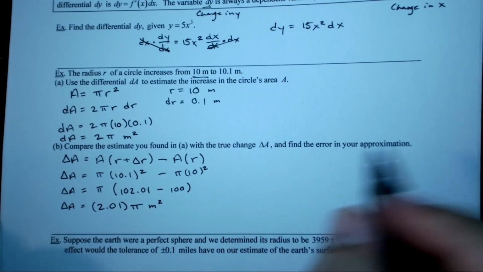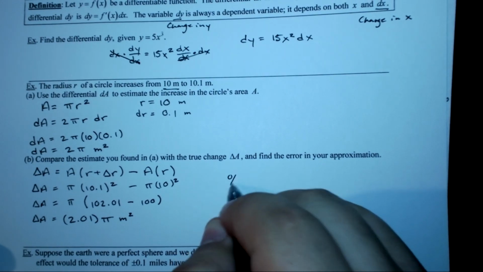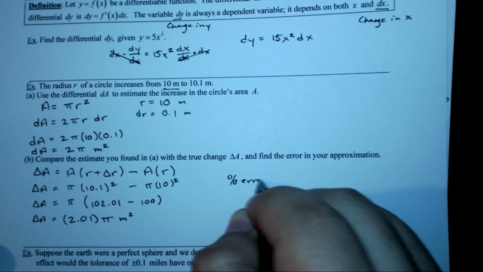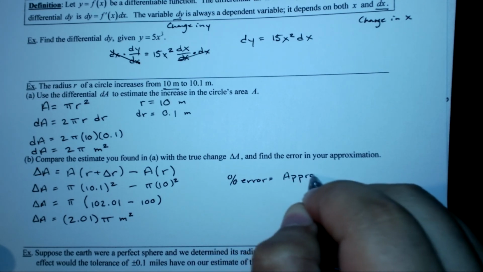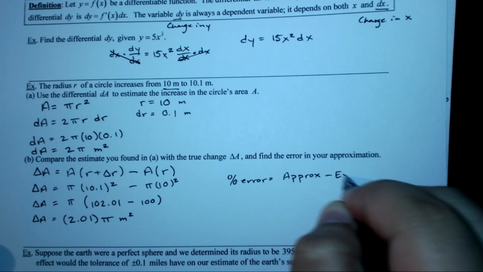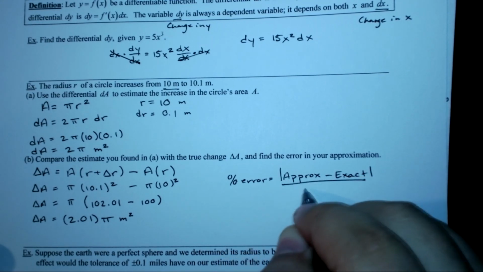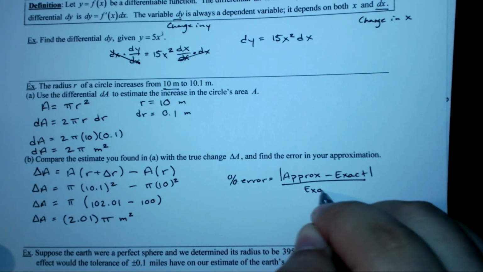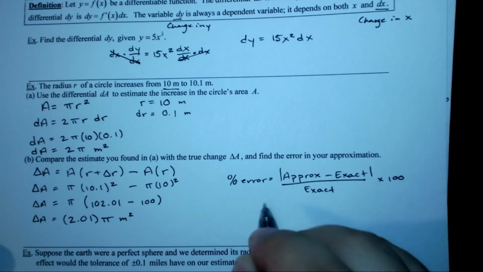So let's look at the error in our approximation. Percent error is equal to the approximate minus the exact, taking the absolute value of that, dividing it by the exact value, and then multiplying by 100.